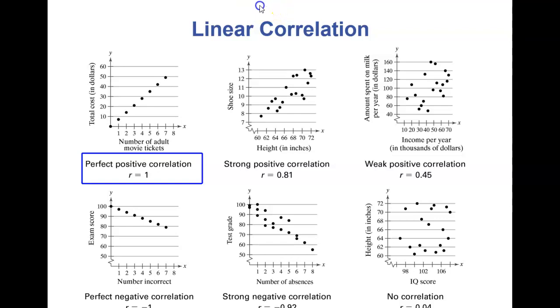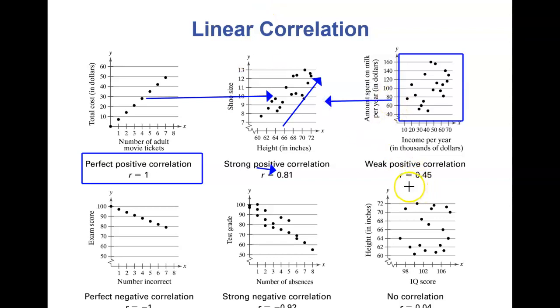When you look here, this is definitely not as straight as the previous one, but it's still going up. Look at the correlation coefficient: this is 0.81. This one is definitely positive and going up, but not as strong as the other one. Its correlation coefficient is 0.45, which is a weak positive.